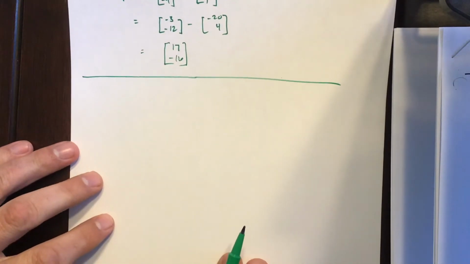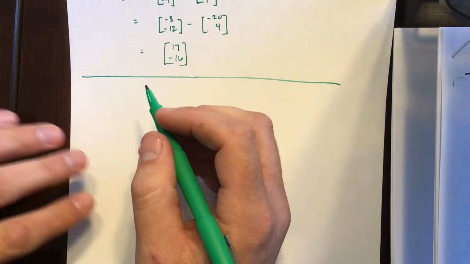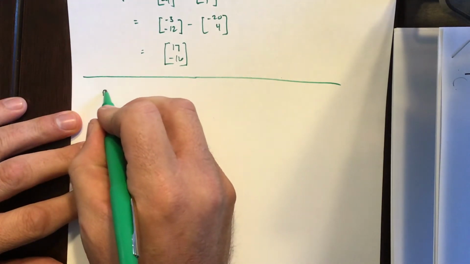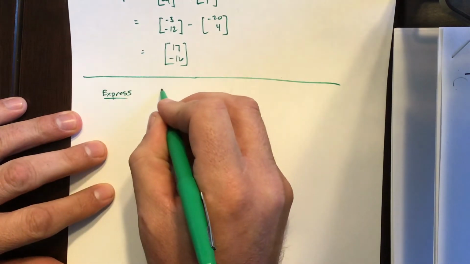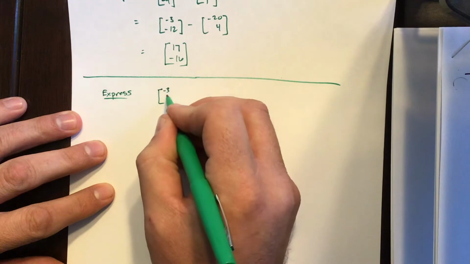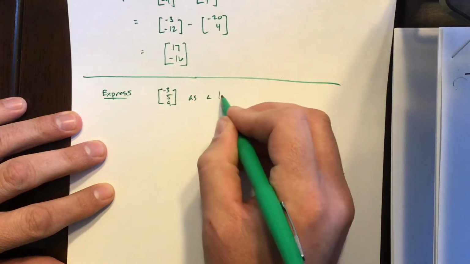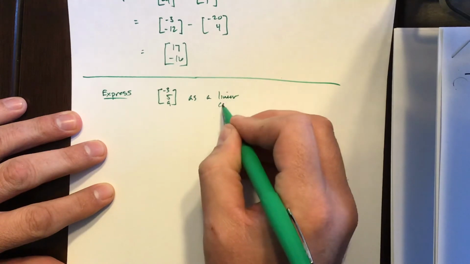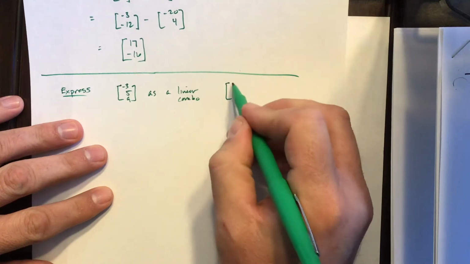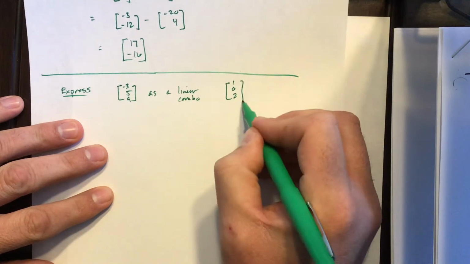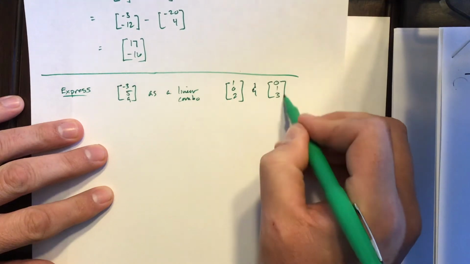The examples that will be a little bit more relevant to us: I want to express negative 3, 5, 9 as a linear combination of the vectors 1, 0, 2 and 0, 1, 3.